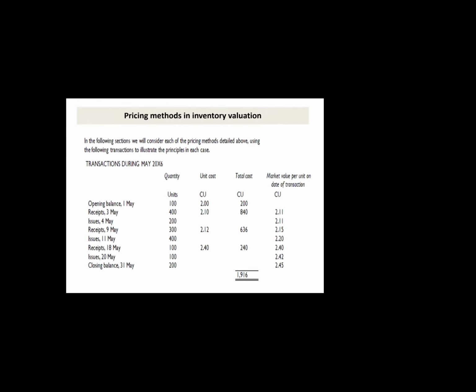Then we received on 9 May 300 at the rate of 2.12. So we have in inventory on hand 300 at the rate of 2.10 and 300 at the rate of 2.12. Then on 11 May we issued 400. So first we have 300 at the rate of 2.10, so 300 will be cleared first at the rate of 2.10, and then another 100 will be issued at the rate of 2.12.